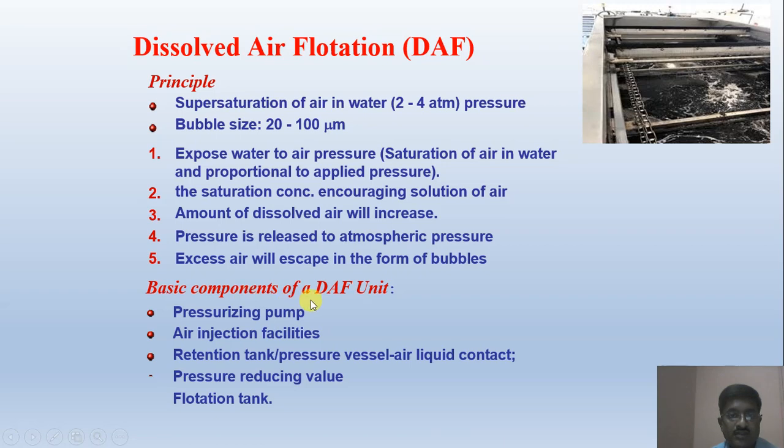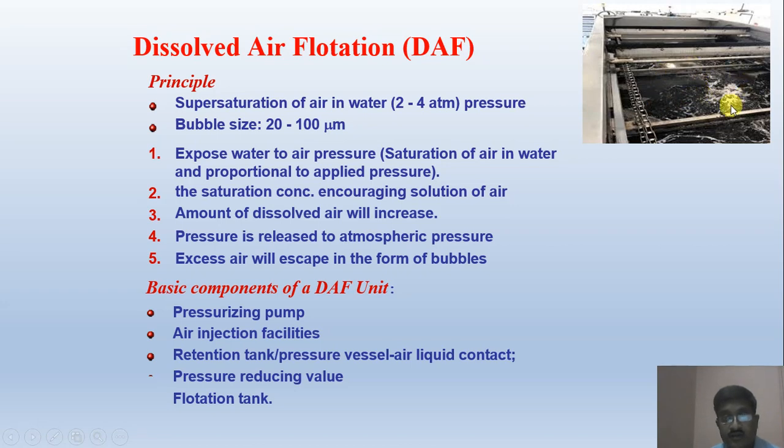The basic components of this dissolved air flotation are a pressurizing pump, air injection facilities, retention tank, pressure vessel, air liquid contact, pressure reducing valve, and flotation tank. You can see the flotation tank here, and if you provide the pressure, such an air relieving arrangement is made there, right?